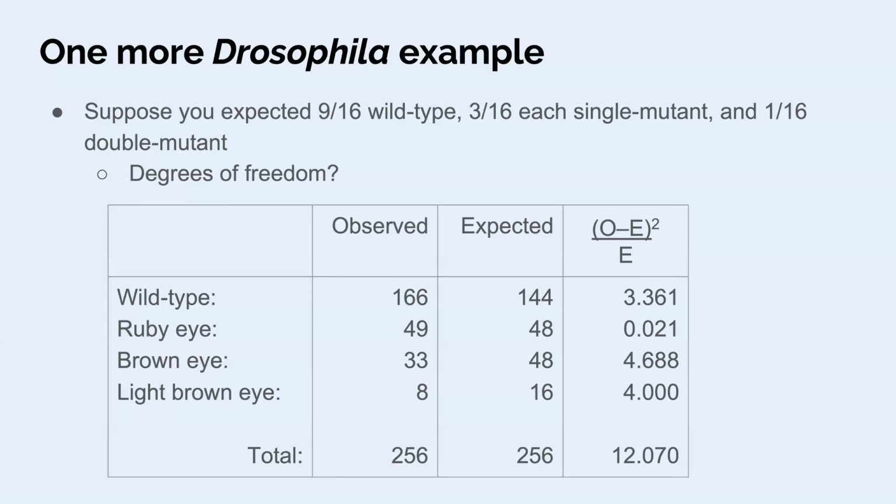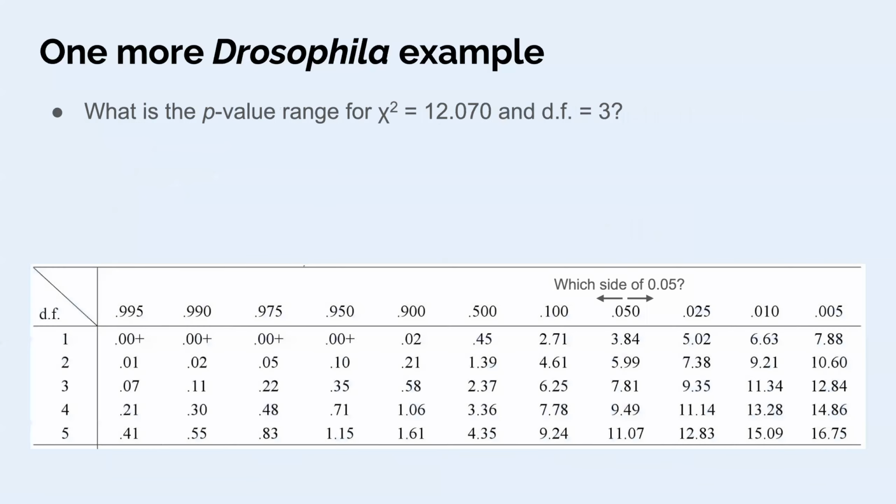It's sort of like a statistical wiggle room. So if we follow down to the 3 degrees of freedom row, it's a little bit more forgiving. So these larger chi-square values are allowable for the same p cutoff.